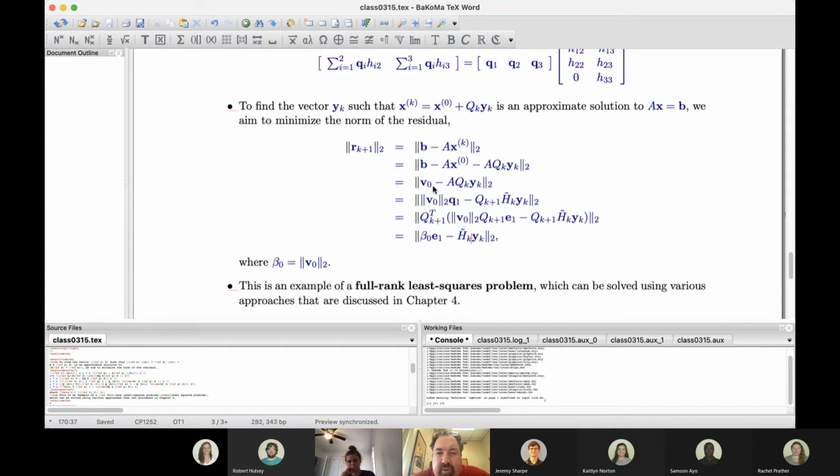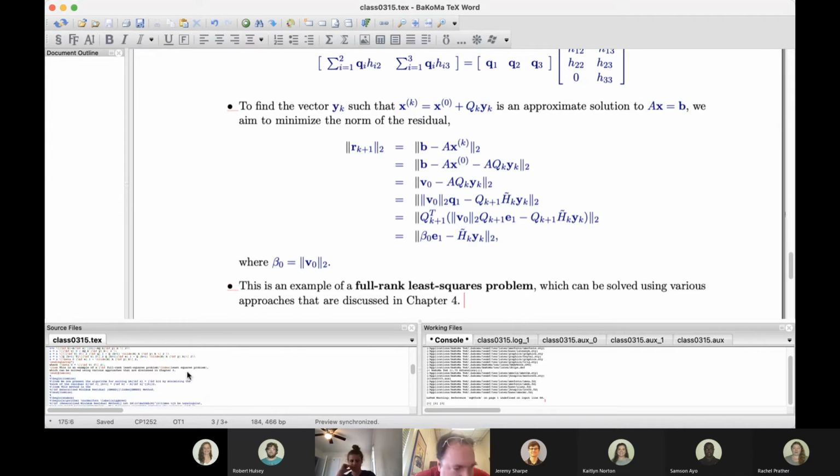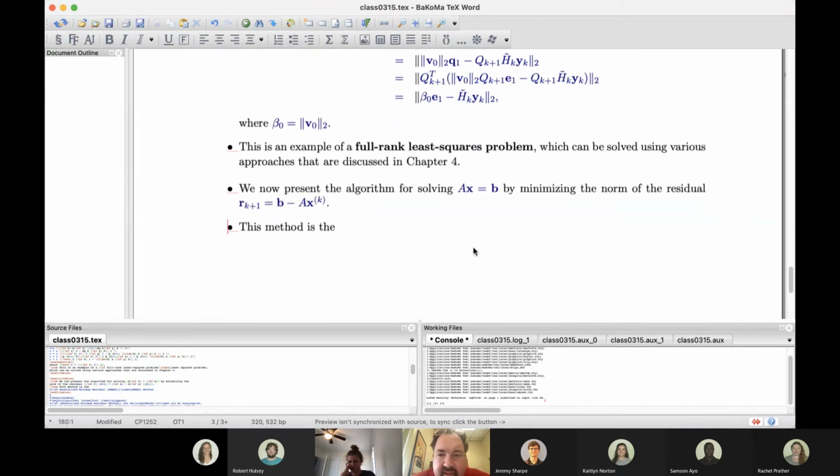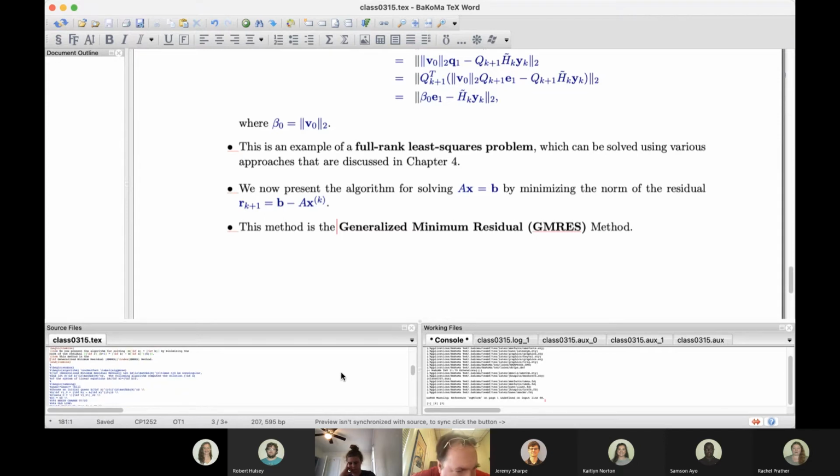So now we have a way of computing iterates of this form that make the residual as small as possible. So now the method is fully described, so I can show you the algorithm. This method is called the Generalized Minimum Residual method, also known as GMRES.